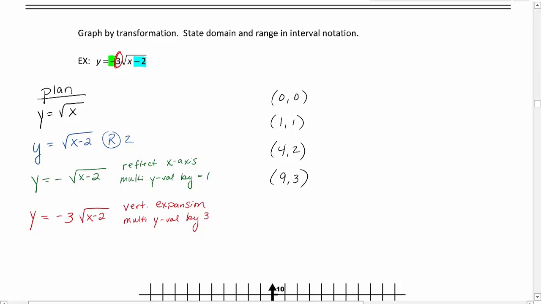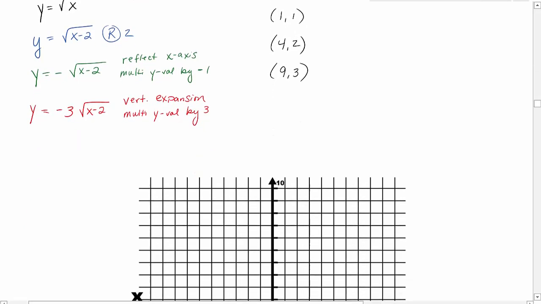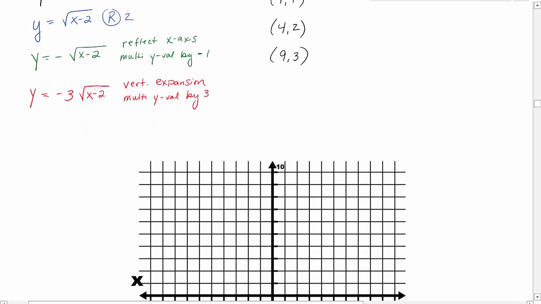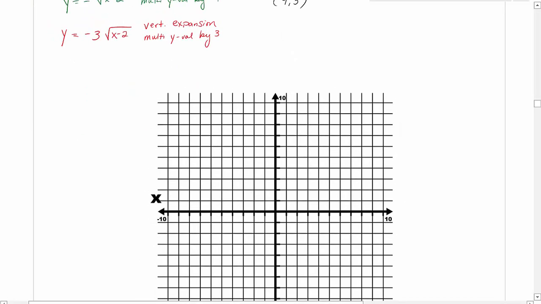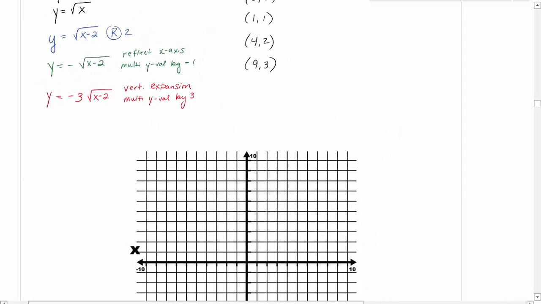You don't have to memorize the points for the parent function. You can always make yourself an XY chart and come up with the points. After a while, you might have them memorized. I sure do. All right, so we're going through 0, 0, 1, 1, 4, 2, and 9, 3.